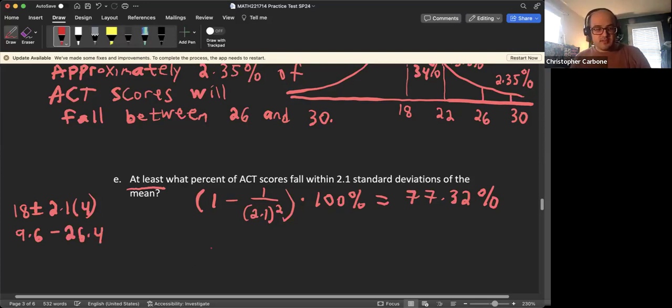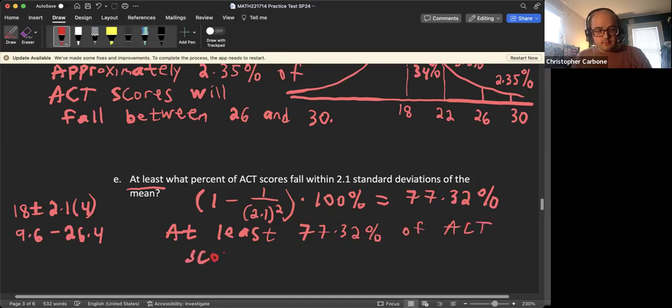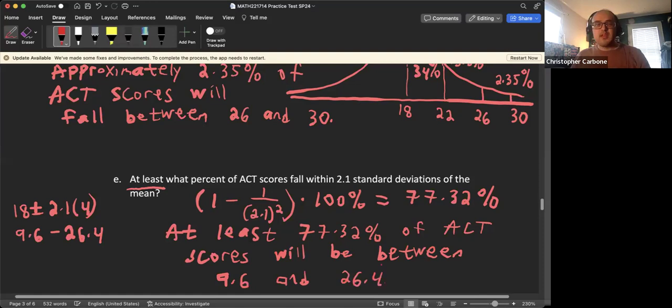So to write that out, this would be at least 77.32% of ACT scores will be between 9.6 and 26.4, based upon these values that I gave.